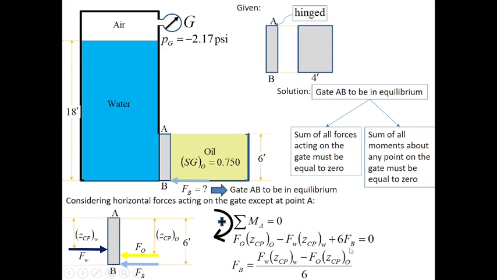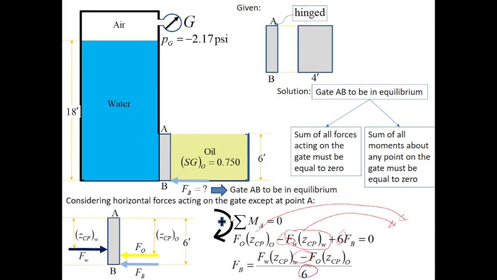So the force at B is now equal to, we arrange. We transpose this to the right, and the sign will change to negative, same as FW Z CPW, the sign will become positive when transposed. Then we divide it by 6.